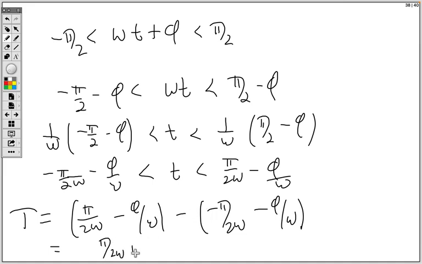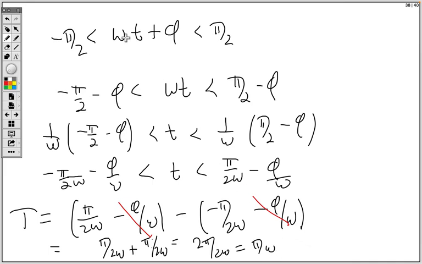So those are going to add up. I've got a minus phi over omega minus a minus phi over omega. So these will actually drop out. So I get 2 pi over 2 omega, so there's our pi over omega.